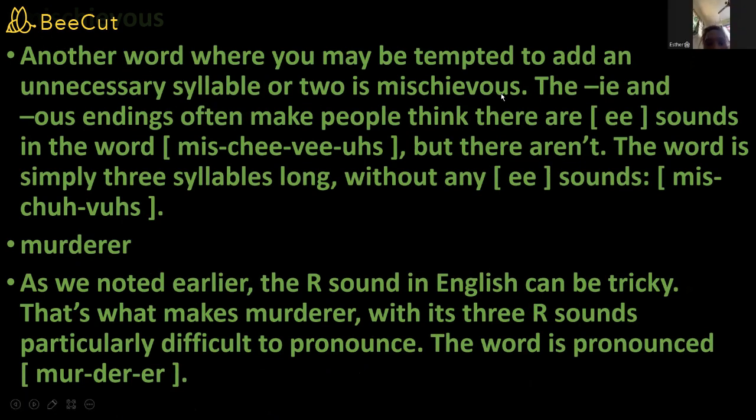But in this word, the CH sound is mischievous. But there aren't words that simply have three syllables with any of the E sounds. Instead, here is another word where you may be tempted to add an unnecessary syllable or two: mischievous.